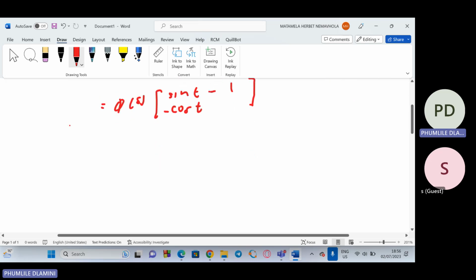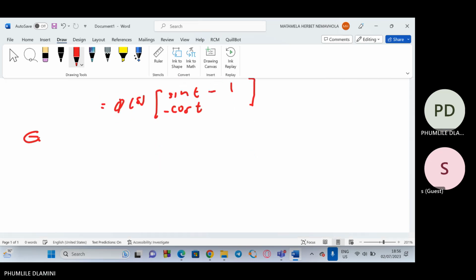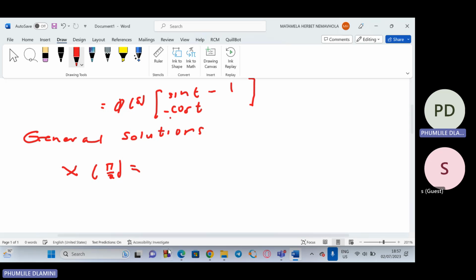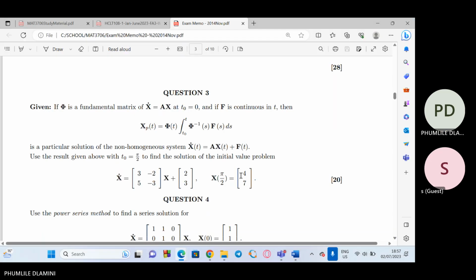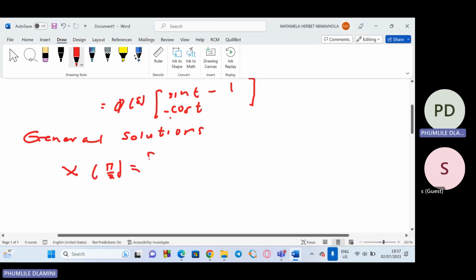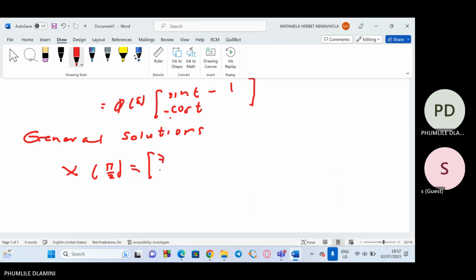So now we are going to get the general solution. In order for us to get the general solution, we know that our x of pi over 2 was equal to 7 over 4.